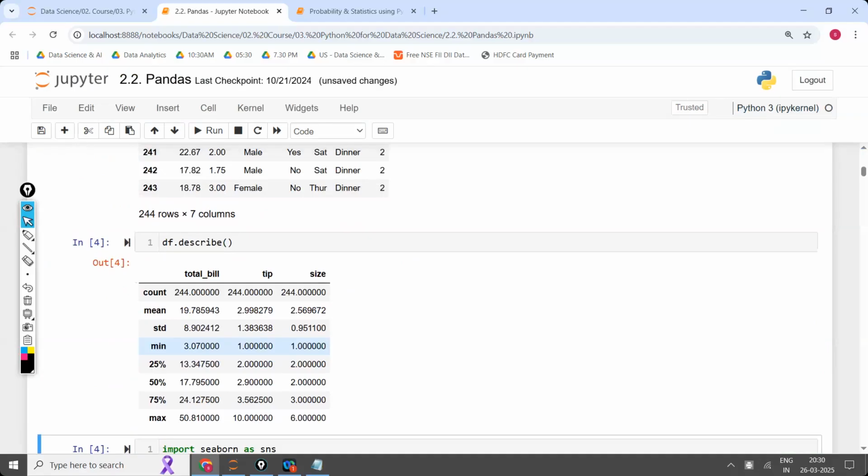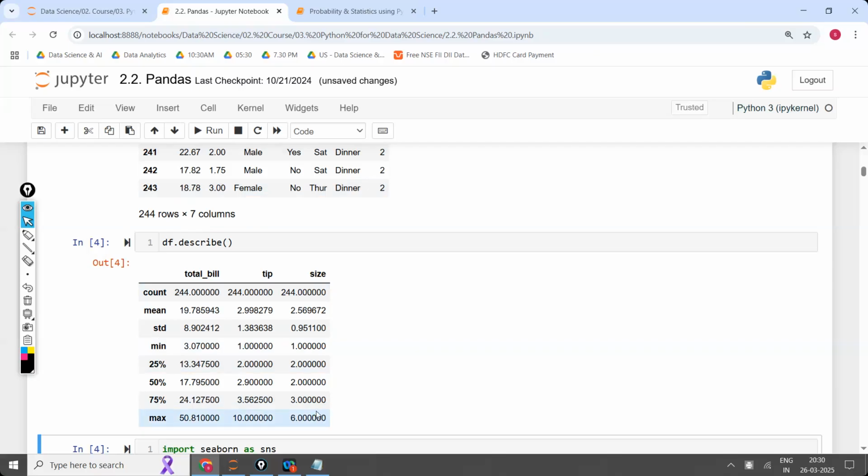No. Why? Because the mean, standard deviation, all these things have to be calculated only on continuous variables. What has it done? It has also included the count variable.